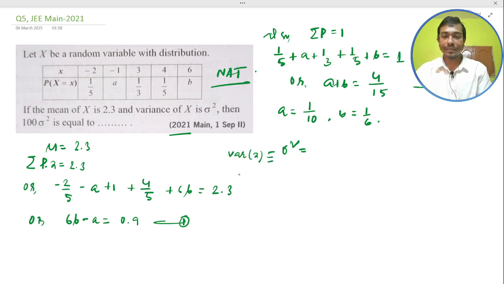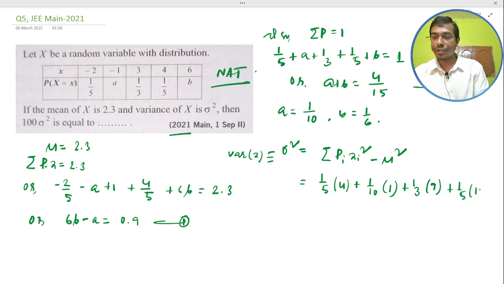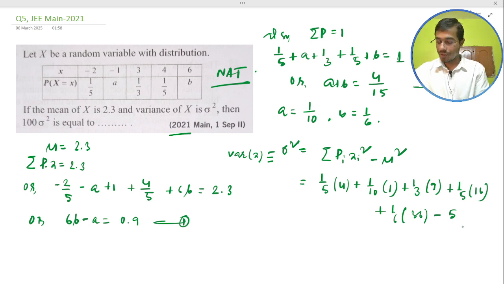So the variance means sigma square, written as var of x. This is nothing but summation of pi xi square minus mean mu square. Put the values. So 1 by 5 into 4, 1 by 10 into 1, 1 by 3 into 9, 1 by 5 into 16, 1 by 6 into 36, minus mean square, that means 2.3 whole square, 5.29.